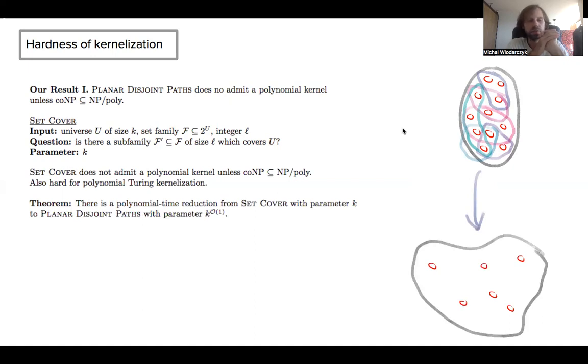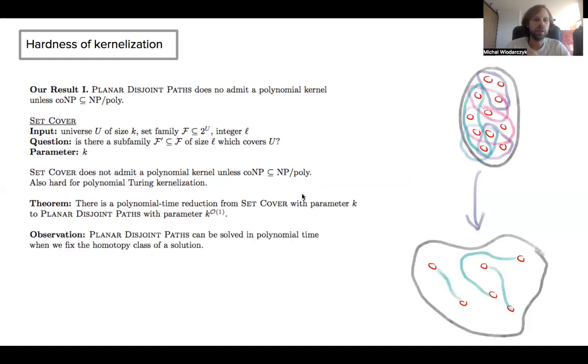And this reduction is the so-called polynomial parameter transformation. That is a polynomial time reduction from set cover with parameter k to planar disjoint paths with parameter poly k. So if we had a polynomial kernel for the second problem, that would imply a polynomial kernel for the first one. And now there is an important observation about the problem, which guided our construction, namely that planar disjoint paths can be solved in polynomial time once we fix the homotopy class of a solution.